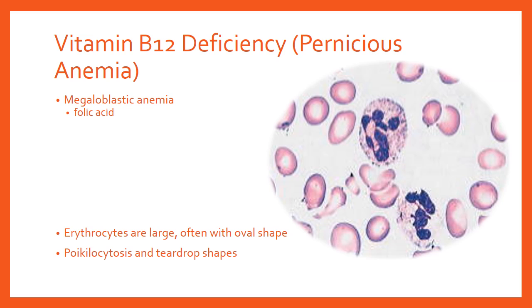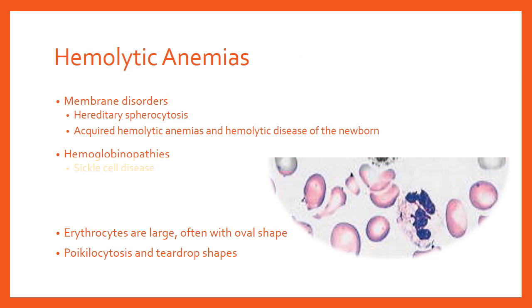Is it folic acid or B12? You really cannot tell by looking at the cell. But the red cells will be huge, oval shaped, with poikilocytosis and anisocytosis, somewhat like oval or teardrop shaped cells.